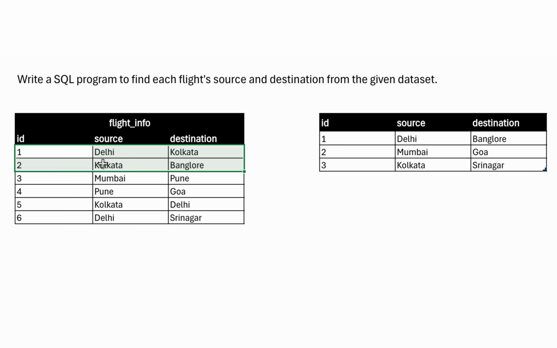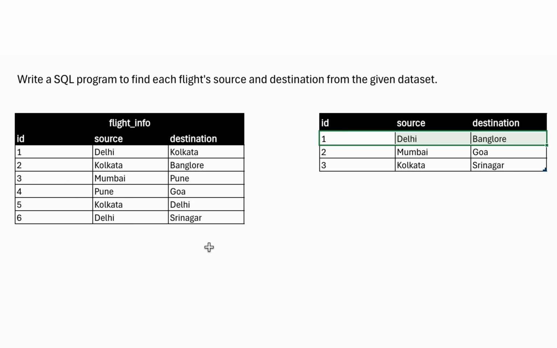If you closely look at these two records, you will find that a flight is going from Delhi to Kolkata, then the same flight is going from Kolkata to Bangalore. So directly we can also say that there is a flight going from Delhi to Bangalore. That is why in our output dataset for ID1 we have source Delhi and destination Bangalore. That means there is one flight which is going from Delhi to Bangalore.